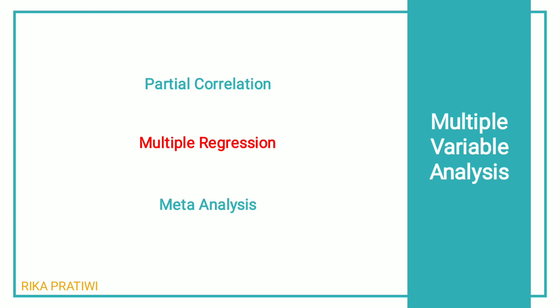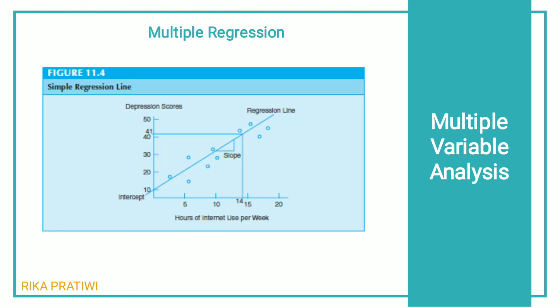Next, about multiple regression. Multiple regression is a statistical procedure for examining the combined relationship of multiple independent variables with a single dependent variable. And this is the example of multiple regression.